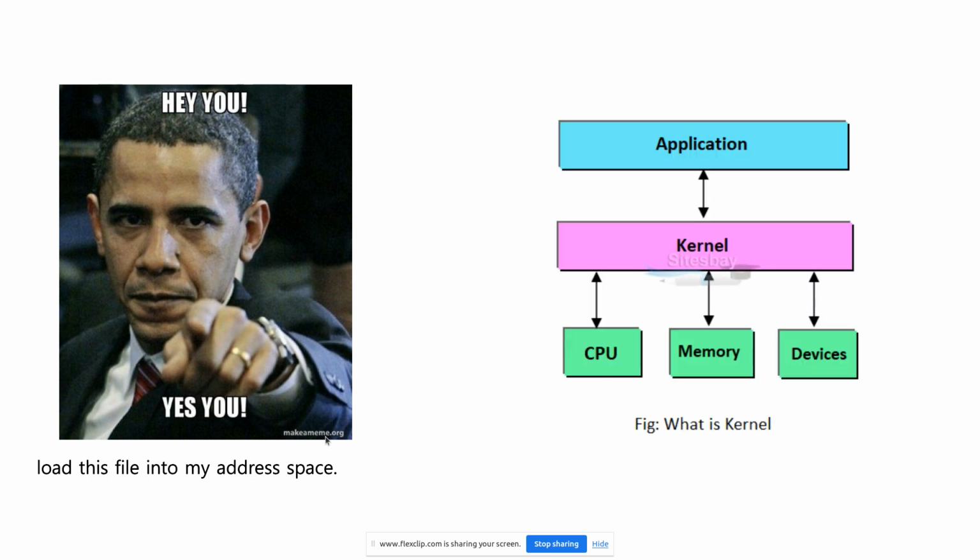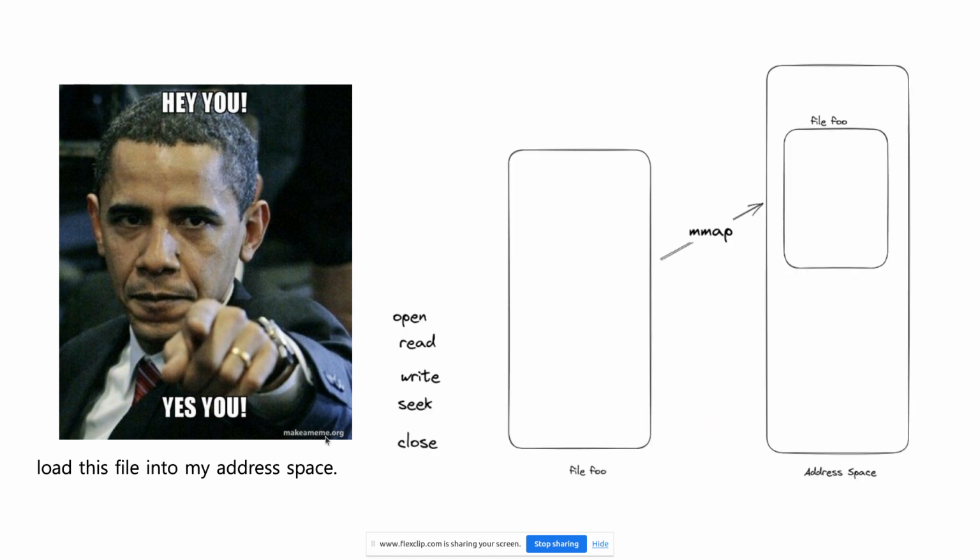The kernel is the one that interacts with the GPU and the CPU. So the file foo is mapped into a space in the address space, creating a block, because mapping is that kind of thing. So the file foo is located in a part of the address space.